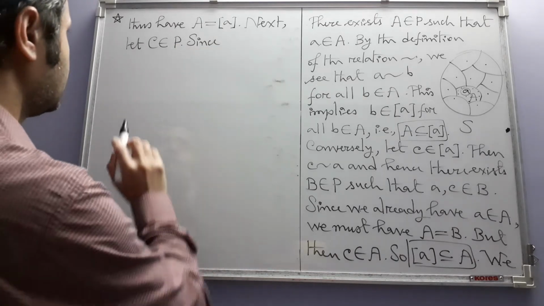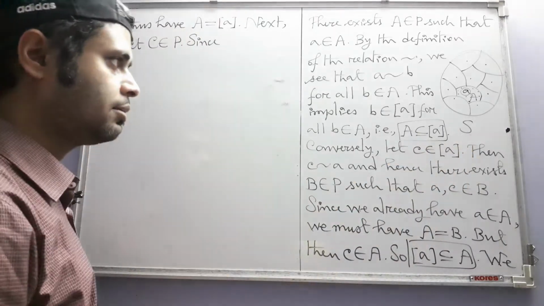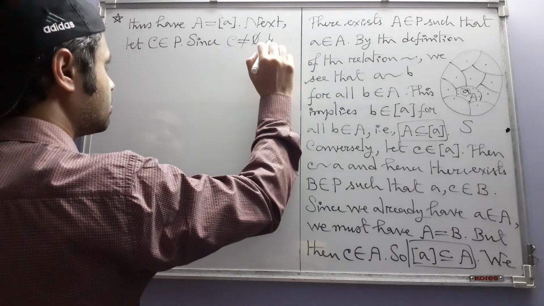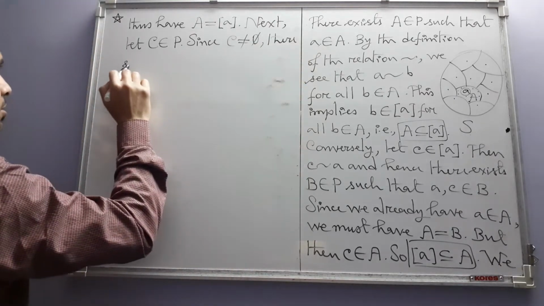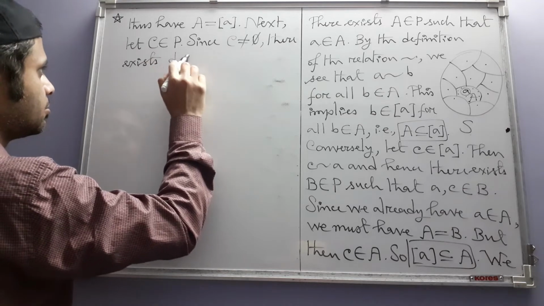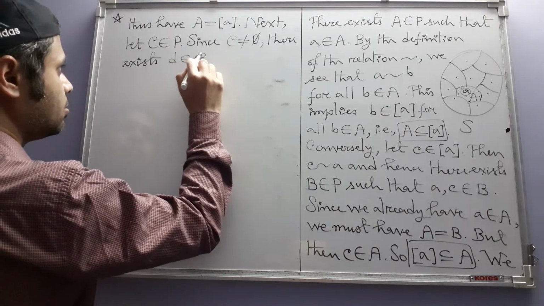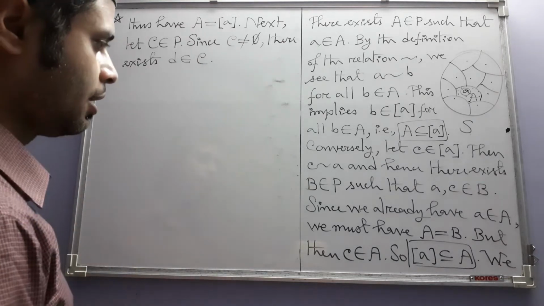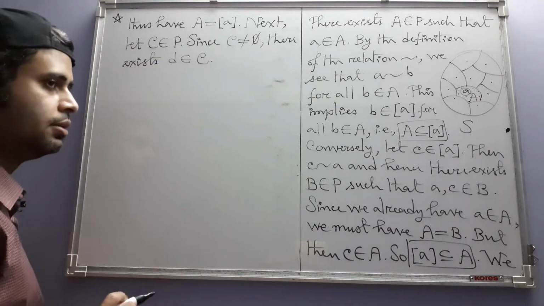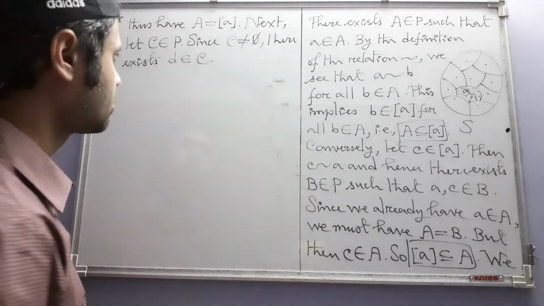Note the fact that because C is a set in the partition, that means C first of all is a subset of S, and that too a non-empty subset of S. Since C is non-empty, there exists some element, say small c, or you can take D also to avoid confusing with this C here, D in C. Okay, now we want to claim that the equivalence class of D is actually equal to this set C. If we show that, that will prove that this arbitrary set in the partition is an equivalence class.